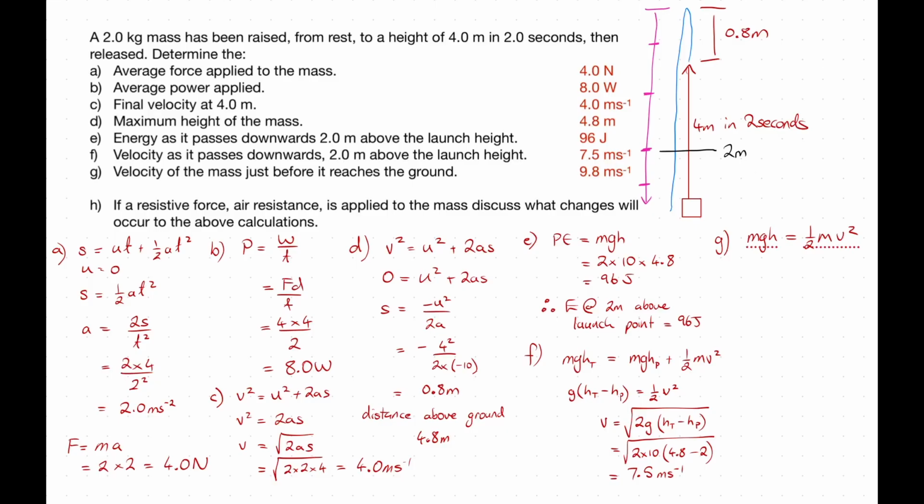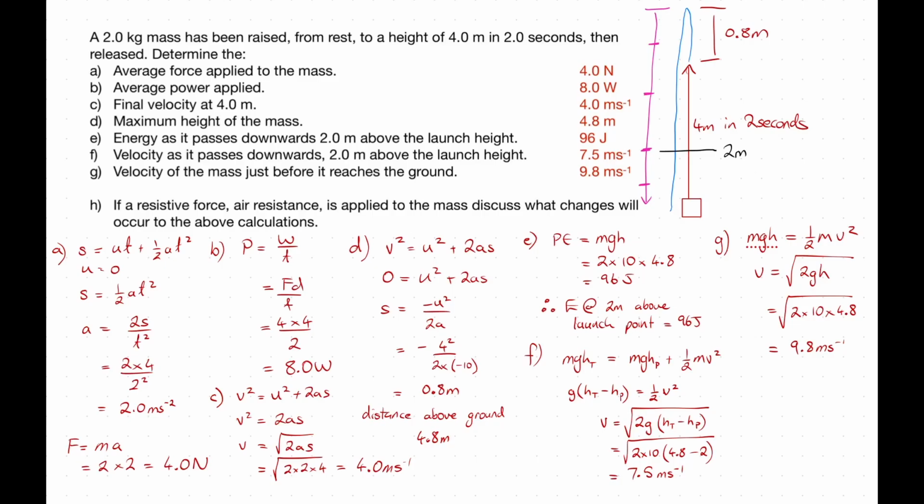That means that our v is going to be very similar to what we had before: the square root of 2gh, because we have no height in between. So that is just going to give us the square root of 2 times 10 times 4.8, which is going to get us 9.8 meters per second.